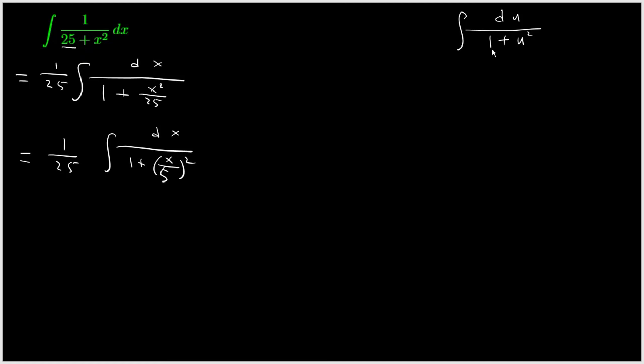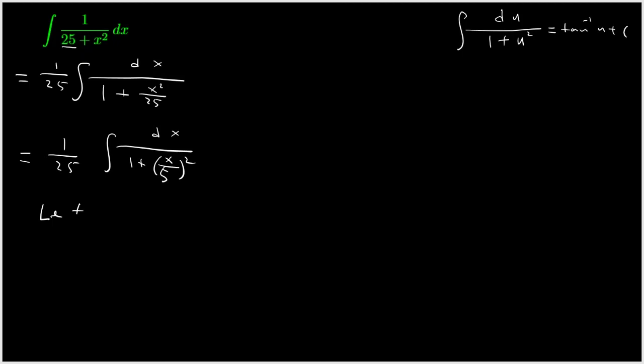At this point, we are ready to see the substitution. I'm going to give you the complete solution to this question. Again, I want to use that formula to evaluate the integral. The answer to the integral of that is equal to inverse tan of u plus c.